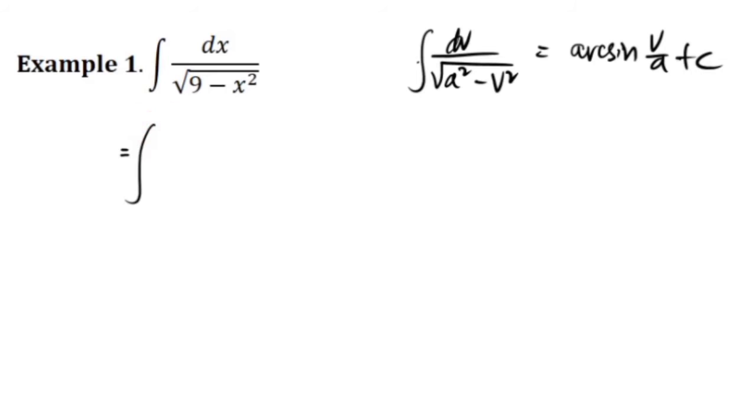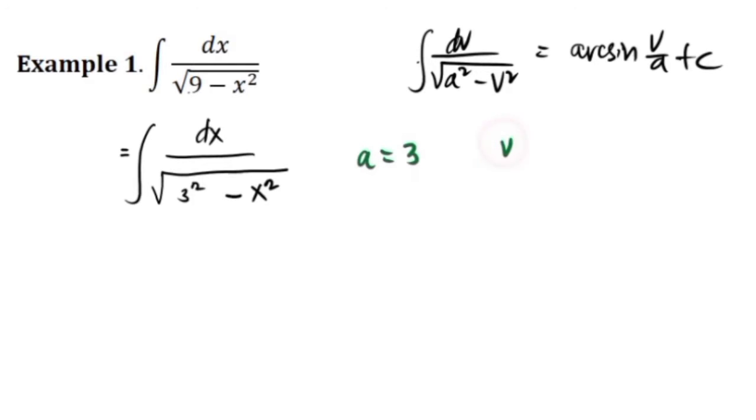So, we have here dx over the square root of 9, so that's 3. So, it's 3 squared minus x squared. So, dito, makikita natin that our a is equal to 3 and our v here is equal to x.